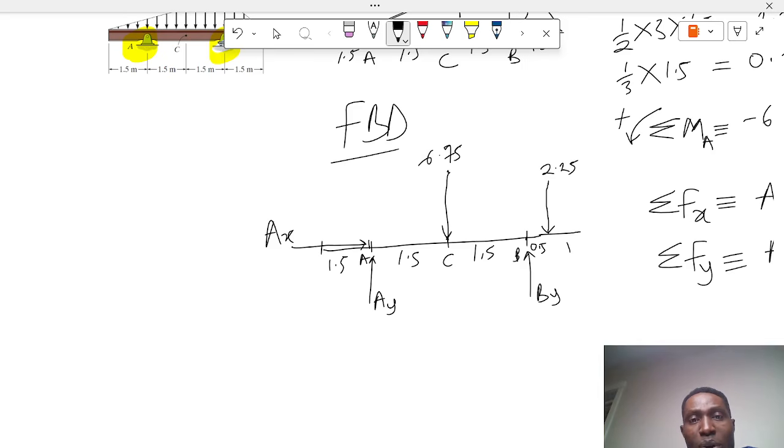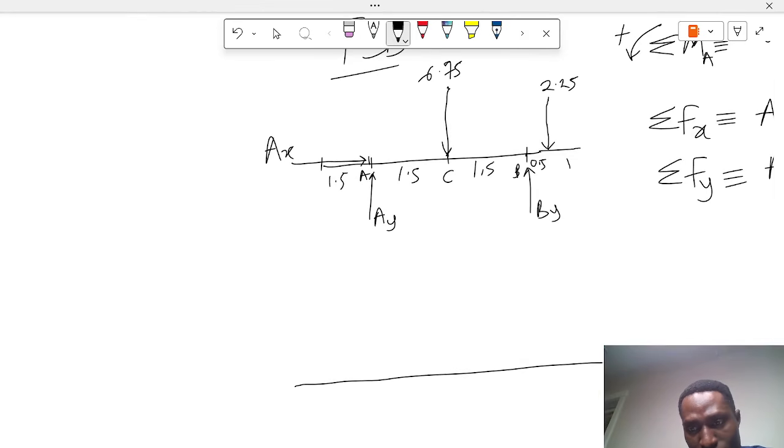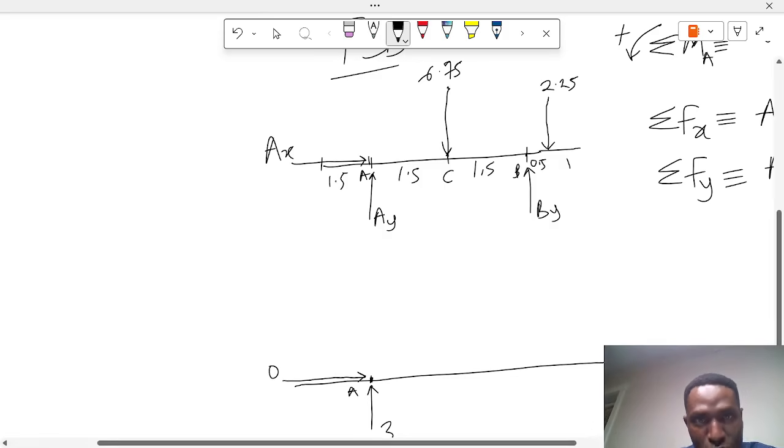So I'll repeat the free body diagram here. Then I'll bring out all the forces. This is point A. At point A, we have this horizontal force as 0. We have the vertical force as 3 kilonewtons.